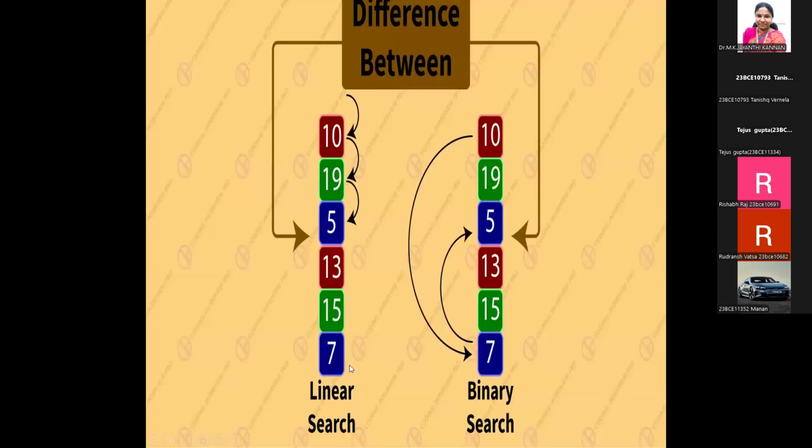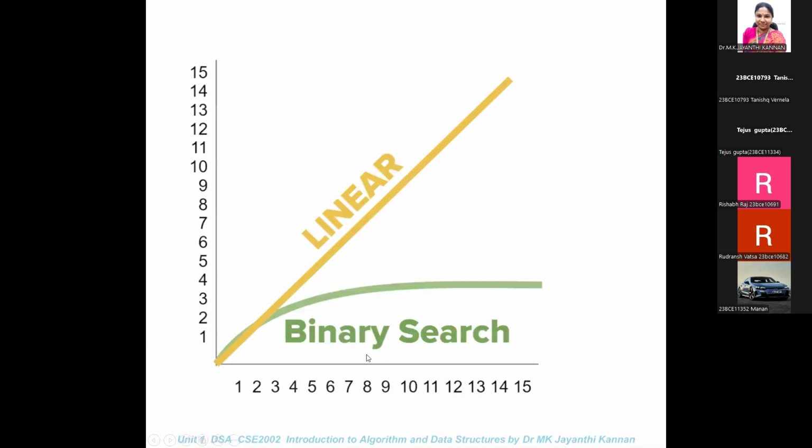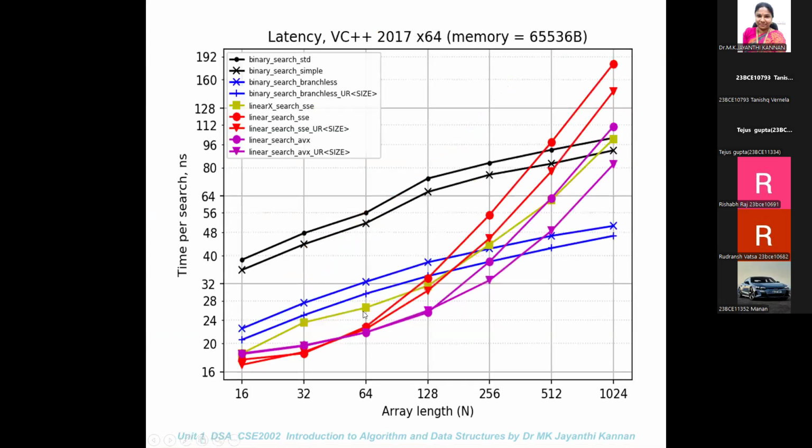Then we discussed the second unit topic, the difference between linear search and binary search, and how they progress. Linear search is linear, but binary search is almost constant. Then we came to understand the concept, taking binary and linear, and how the efficiency differs with the size of the array. If 16 inputs, 32 inputs, all those things are for your understanding purpose.